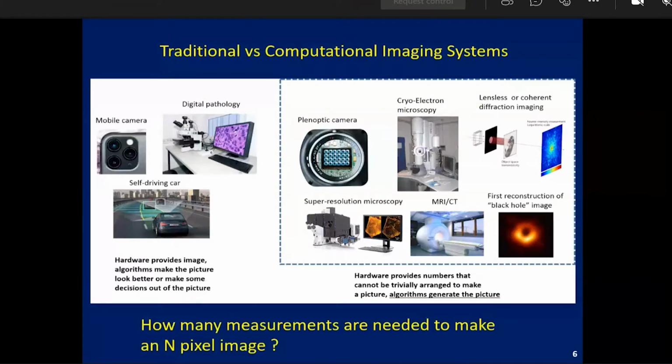These are more traditional imaging systems where the hardware is already designed to provide you some image, and then you do some form of processing on the image, or you apply some algorithms to make the pictures better, or make some decisions based on those pictures. So I would call that traditional imaging plus some image processing.